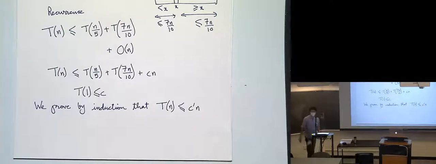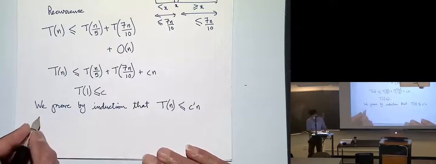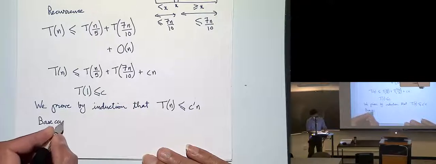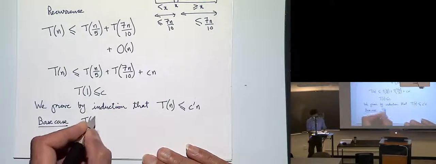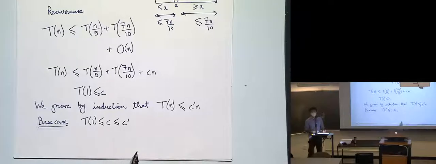We will choose the c prime shortly. I think maybe it'll be like 10 times c or something like that. And so the base case is T of 1 is at most c, which we'll say is at most c prime. We'll choose c prime larger.